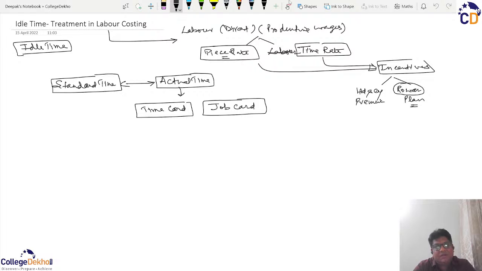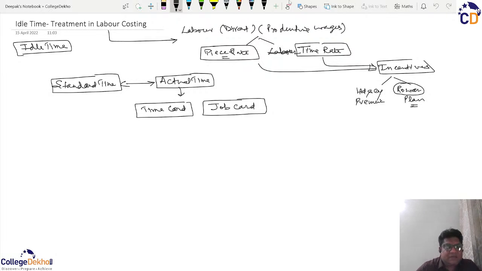So we either create a job-specific card where the details of the various workers working on a particular job are recorded, or we create a worker-specific time card where his total stay in the factory premises is recorded and classified by the different jobs he has undertaken during the day.